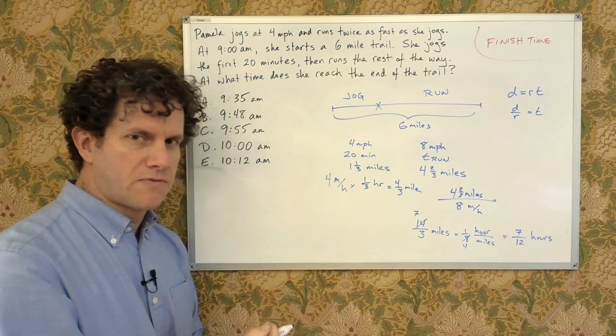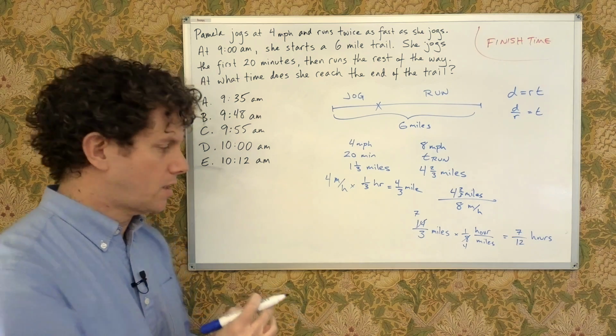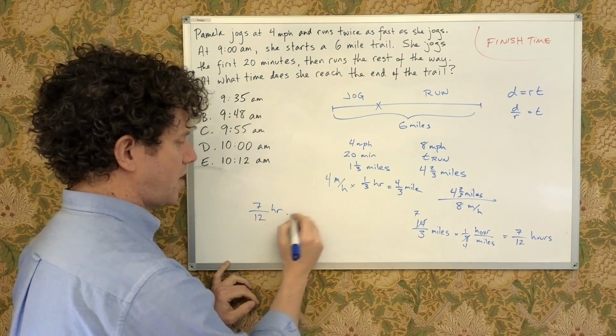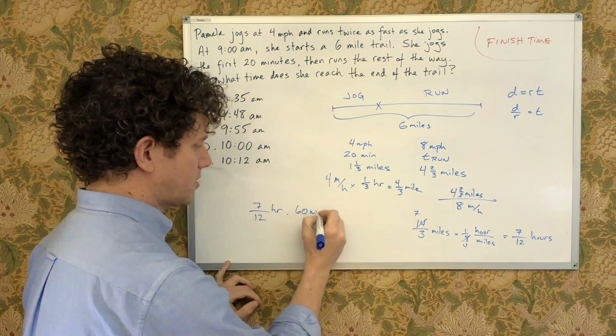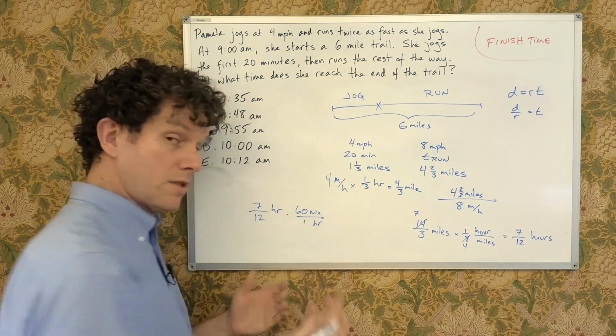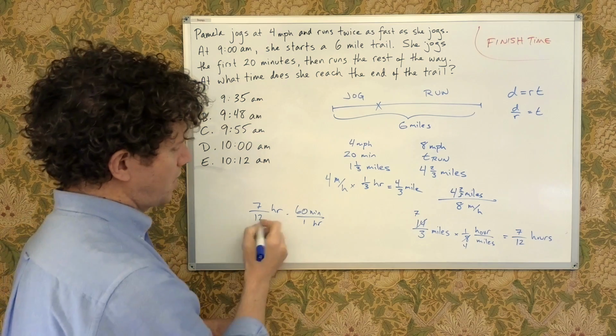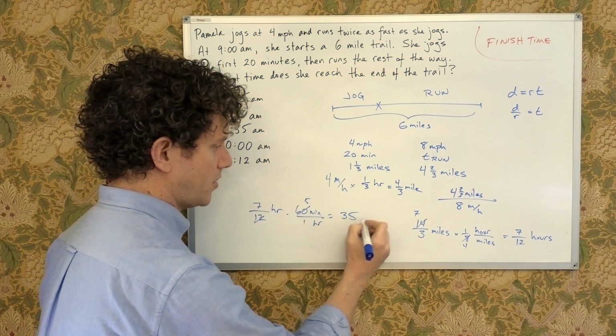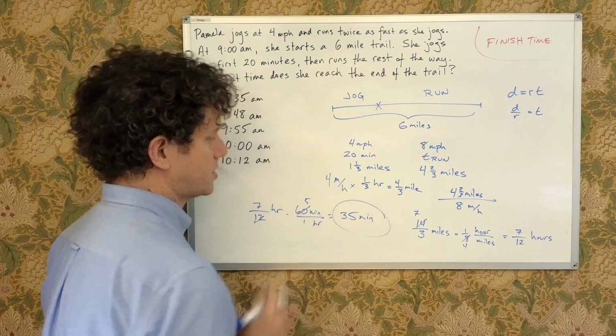Every 12th is 5 minutes. We could actually set up a multiplication. 7/12ths of an hour at a rate of 60 minutes for every 1 hour, because we're doing rates and conversions, right? 12 goes into 60 5 times. However we want to get there, we are talking about 35 minutes.